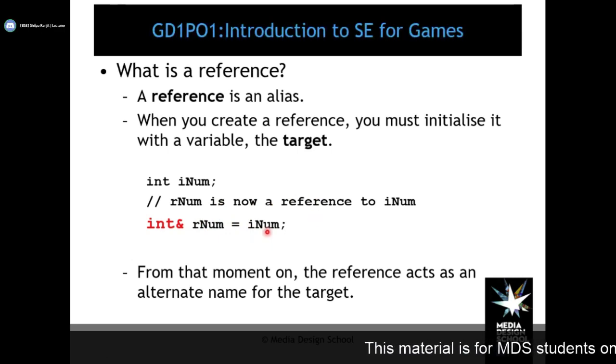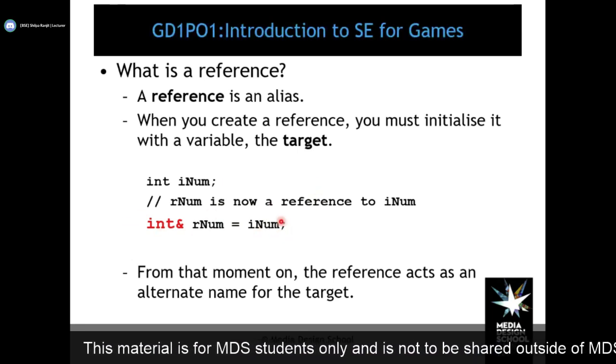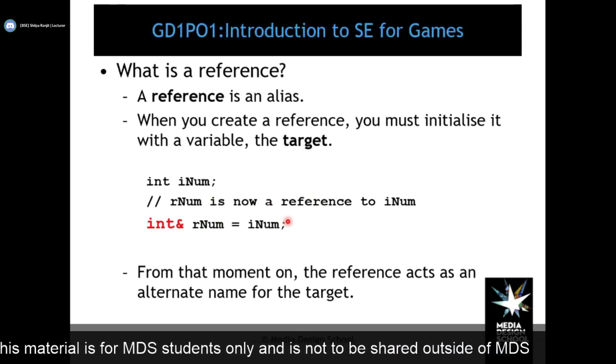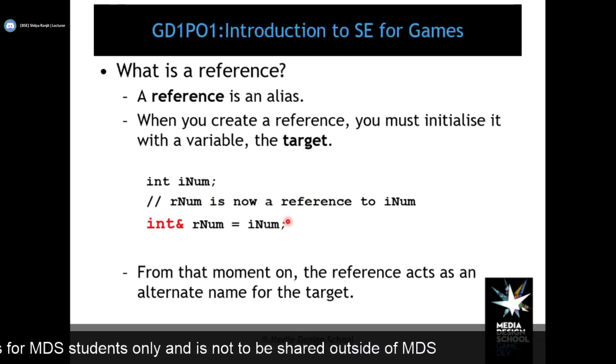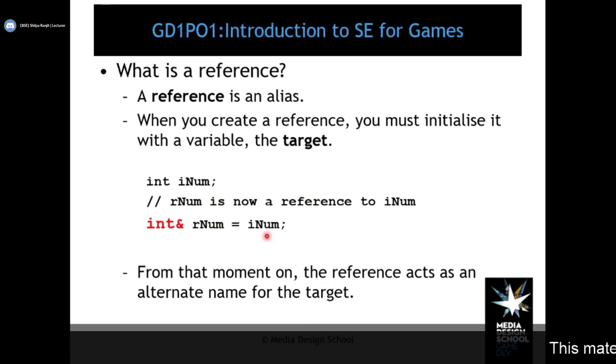So you can try out int ampersand rnum and see what sort of error you get, and then you can understand why this is particularly important. Even meaningfully, you wouldn't create a reference simply. A reference or an alias is to something that is already existing. Okay. So from that point on, the reference acts as an alternate name for the target, which is inum over here.